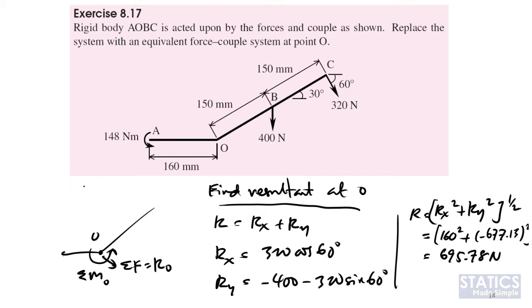If we want to know the angle of R, normally I will draw Rx and Ry first. This is Rx, a positive value, that's 60. And then we have Ry, a negative value, equal to 695.78.